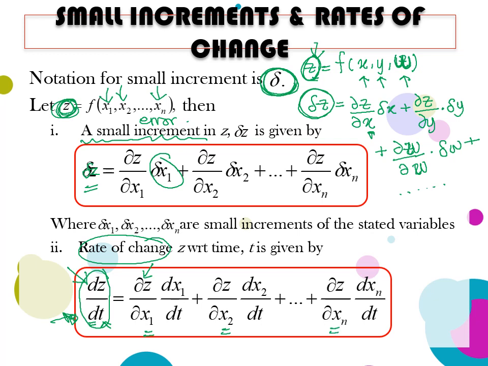If you have two, then 2 times the partial derivative. And then you need to multiply with the changes of the respective variable with time. So you'll be using this formula, right? This is for rate of change and this is for the increment.